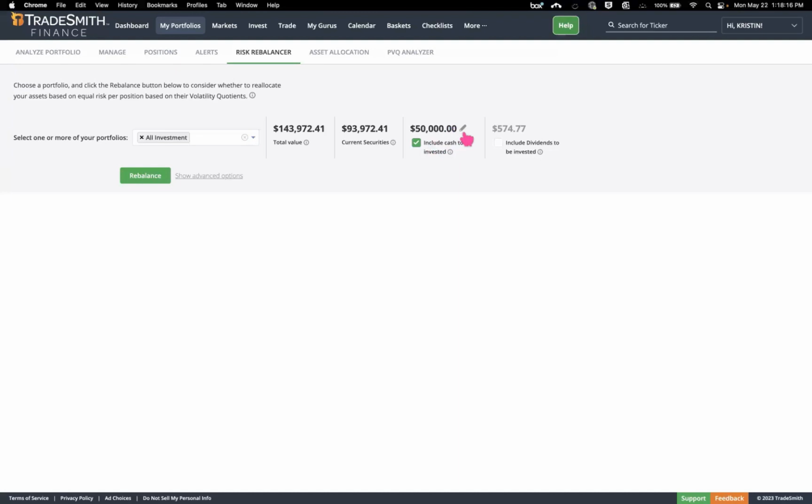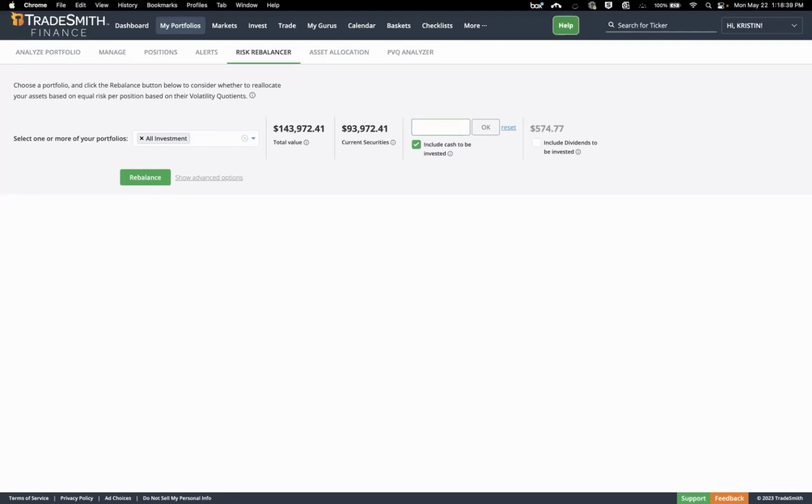So open this pencil. And so if you're wanting to pull cash from your current securities, you would take this out. So I'm pretending like I have no cash, and I want to withdraw it from my current holdings. I am going to want 10,000 for my current holdings. So for my current securities.